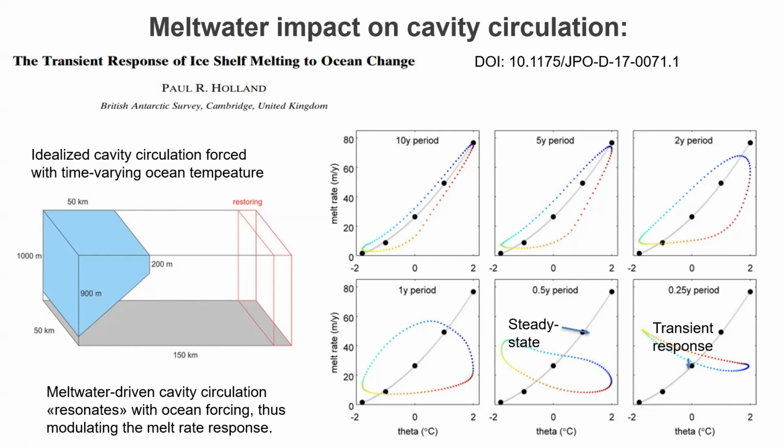But if you change those temperatures over time, then your response looks like this deformed O shape. Basically the time mean resembles the time mean, but there is a phase offset. So this would then impact how we interpret melt rates based on a given ocean forcing that we see somewhere.